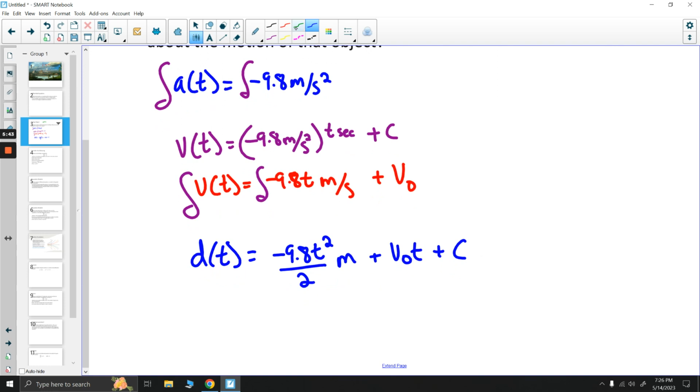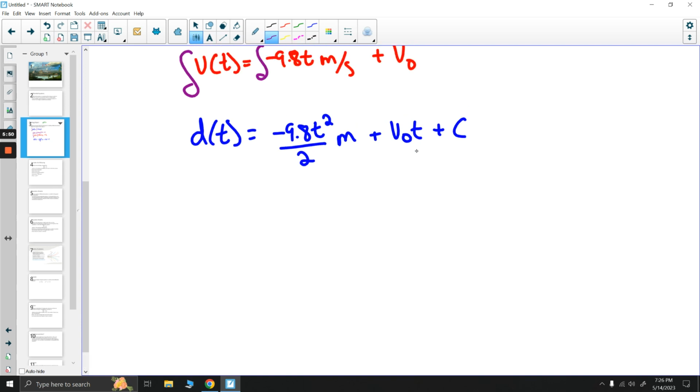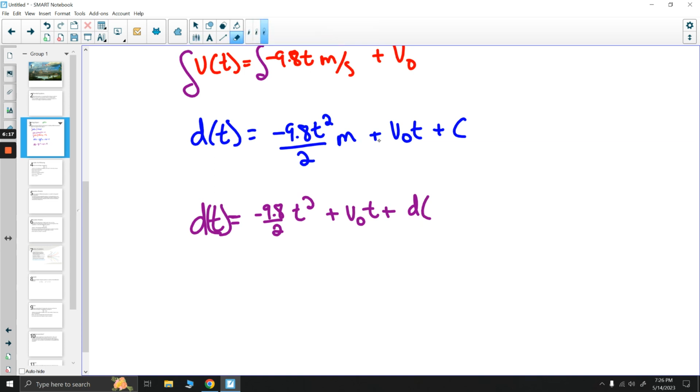Now, we're in meters, so this constant is describing some constant number of meters, which in our case is our starting position, our initial displacement, so how high up we drop the ball from. So our distance with respect to time is equal to negative 9.8 over 2 t squared plus v sub naught t plus the initial displacement, maybe we'll call it d sub naught.